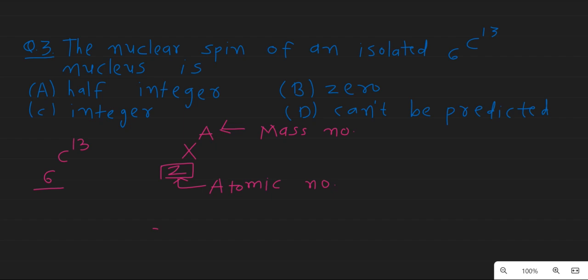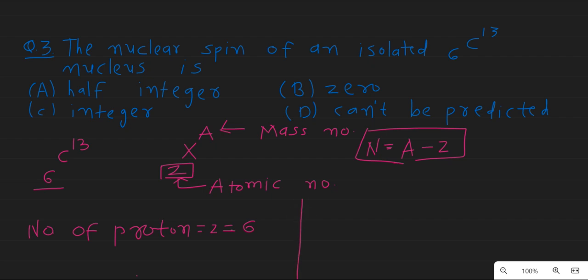And the number of neutrons is given as A minus Z. Z is the number of protons and A minus Z is the number of neutrons.